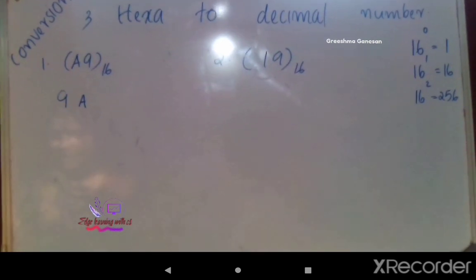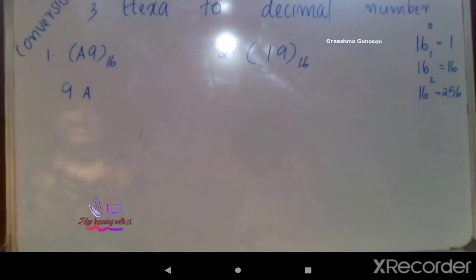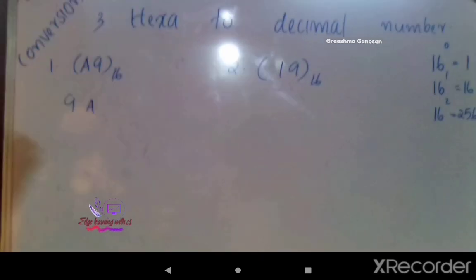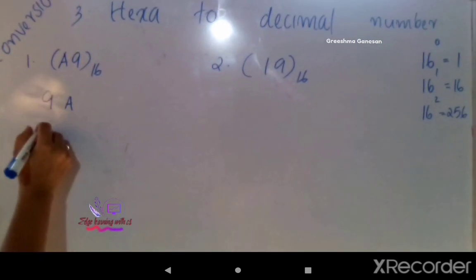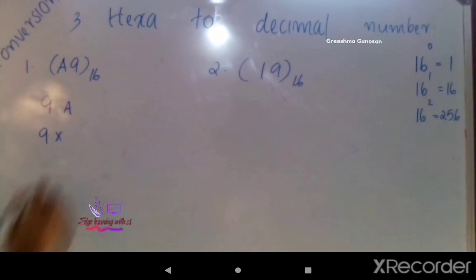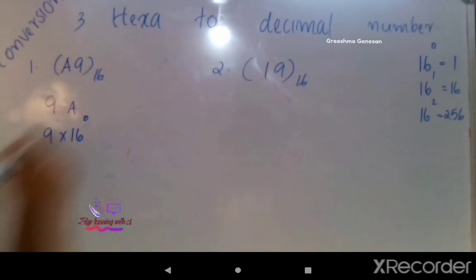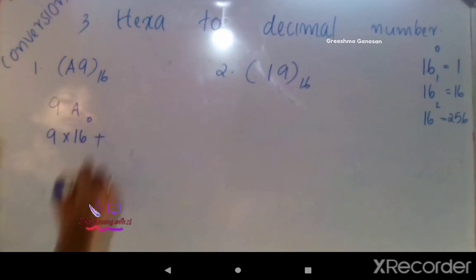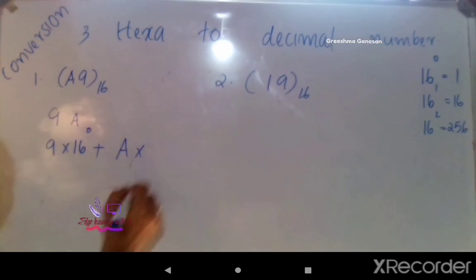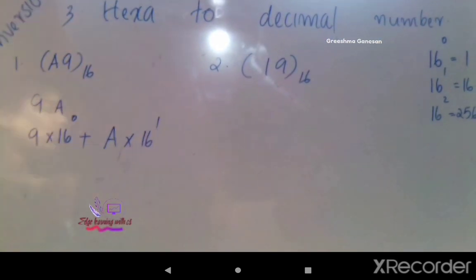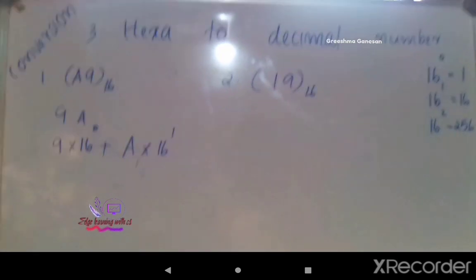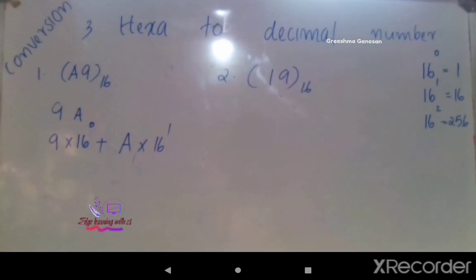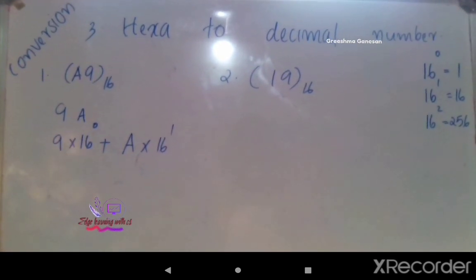Then, after rewriting in reverse order, you multiply these values with 16 powers. So the first thing I am doing is 9 into 16 raised to 0 plus A into 16 raised to 1. Simply multiply the values with 16 powers and get the sum.